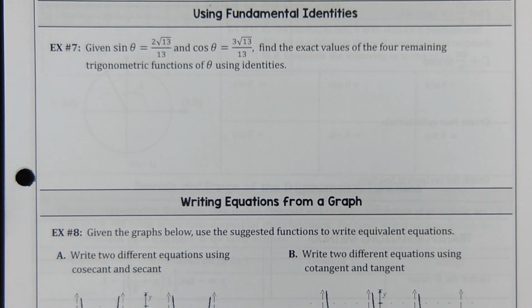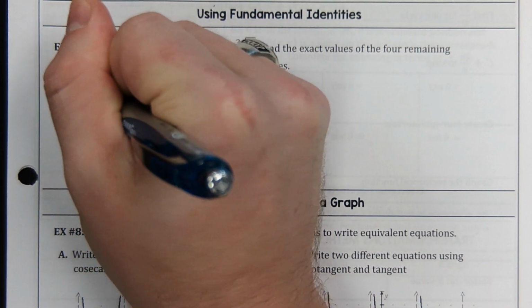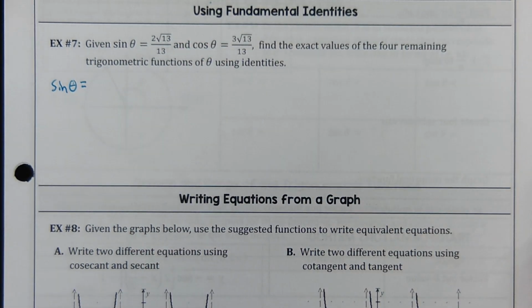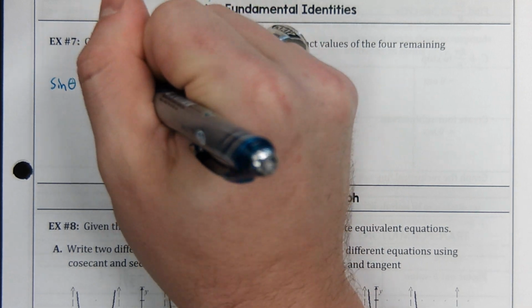And tell you what I'm going to do. I'm going to write sine and cosine in their unrationalized form. So if I unrationalize it, essentially divide the top and bottom by root 13, you will get 2 over root 13.